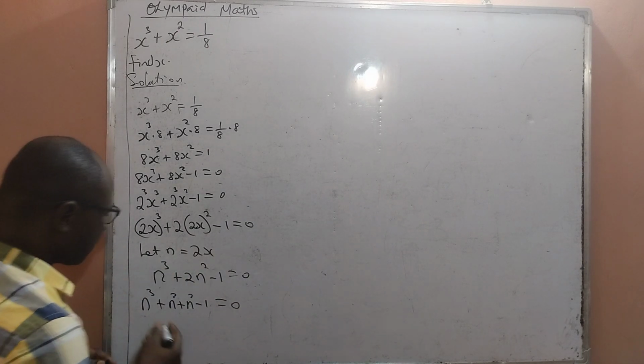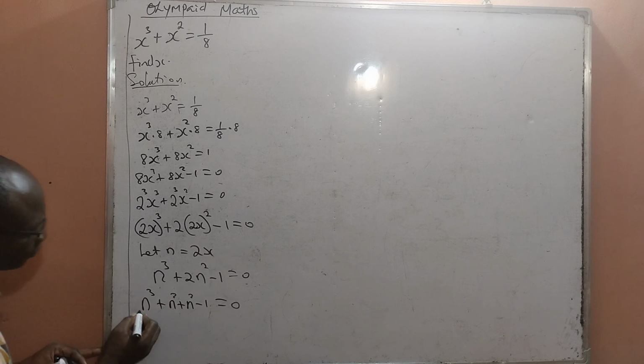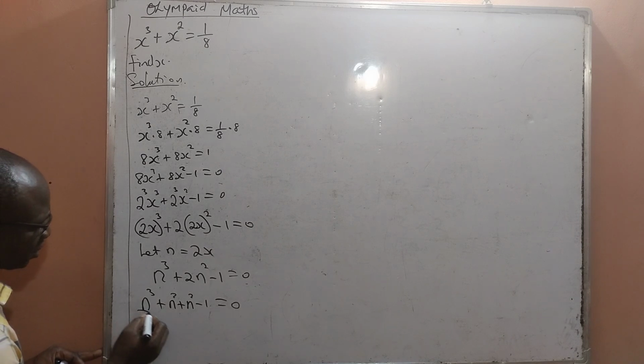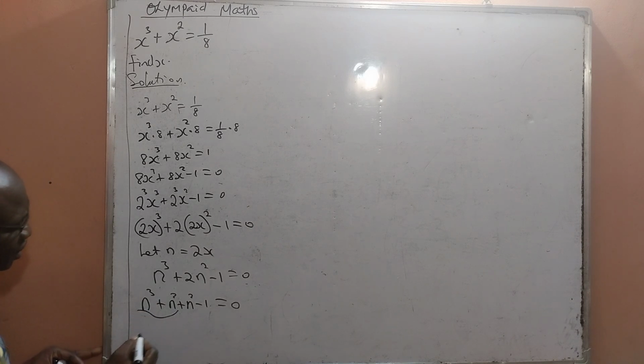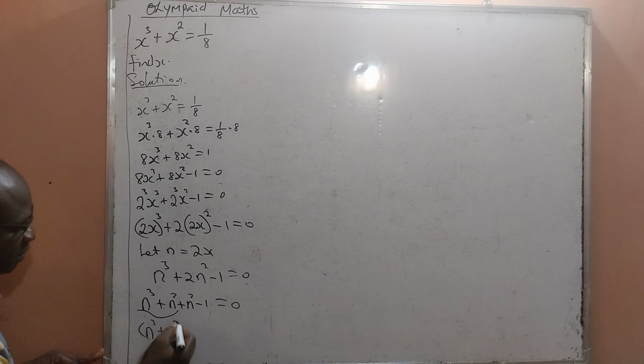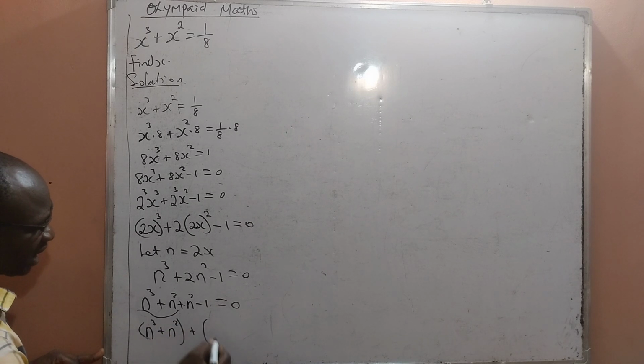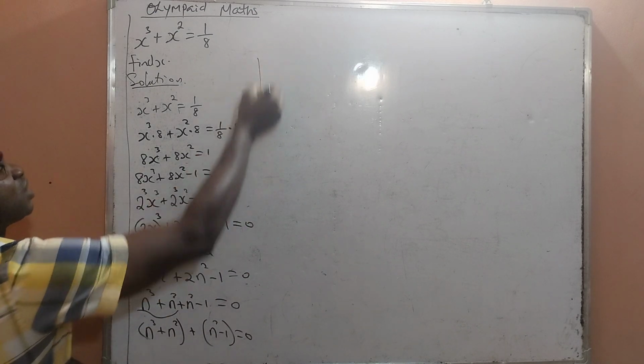Alright? Therefore, from here, let me represent these two together, and that is going to be for me n raised to the power 3 plus n squared into the bracket, and then plus I have again n squared minus 1 equal to 0.